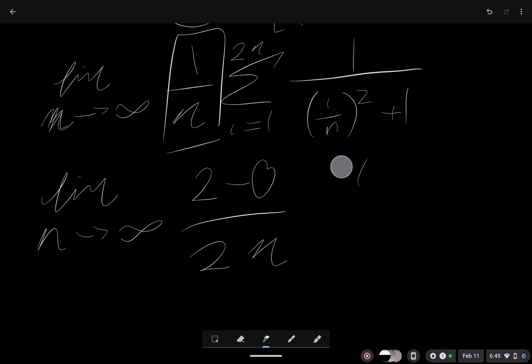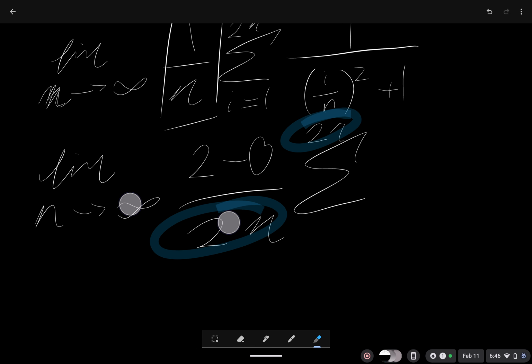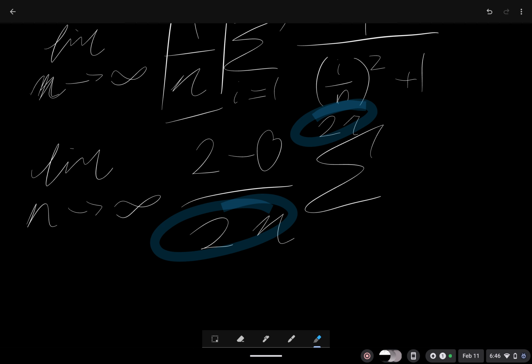Then we have our summation, and you may notice that the 2n here, the 2n here and the 2n in this denominator match. That's really great for us because now we don't have to make any substitutions for our index in order for this to work. We've rewritten this such that it is an expression of 2n instead of n.